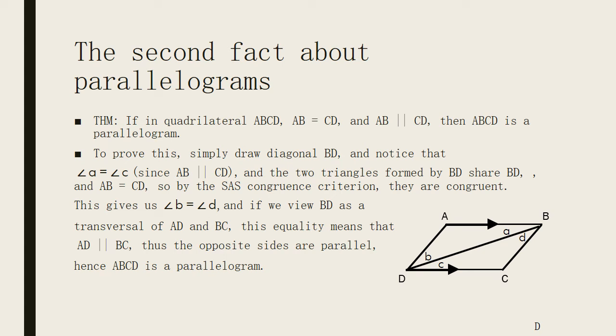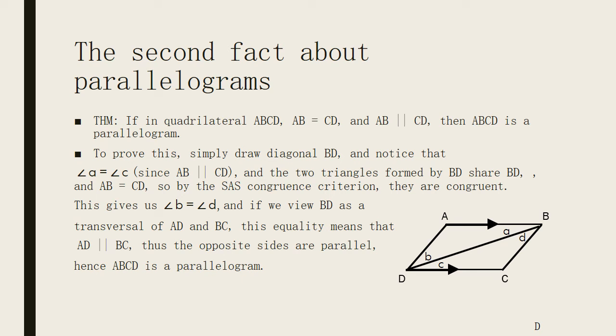So by side-angle-side, these two triangles are congruent. So we could use the previous fact and say that AD is equal to BC, and we just showed in the previous slide that if AD equals BC and AB equals DC, then we have a parallelogram.